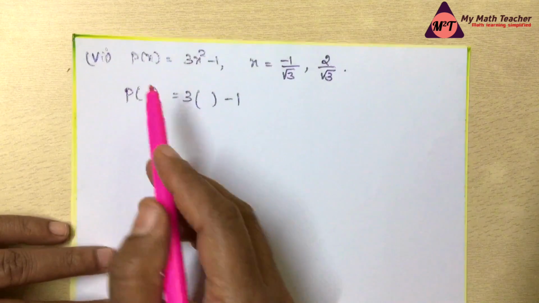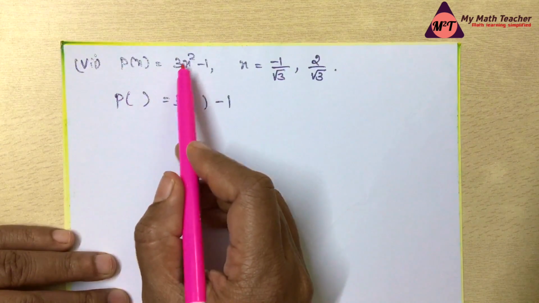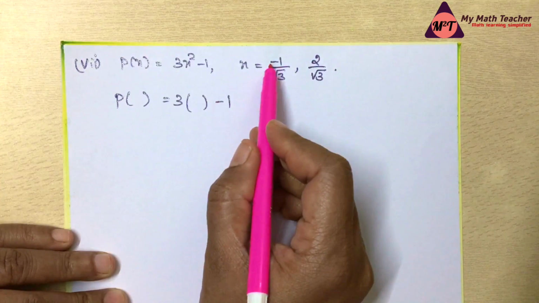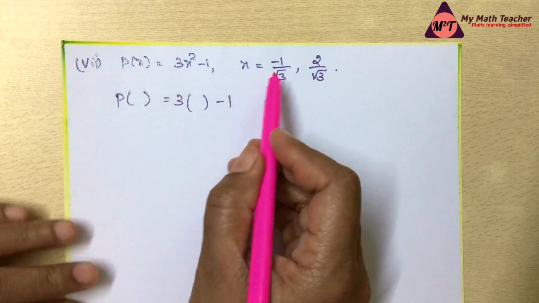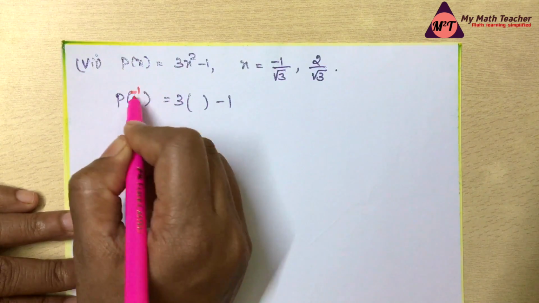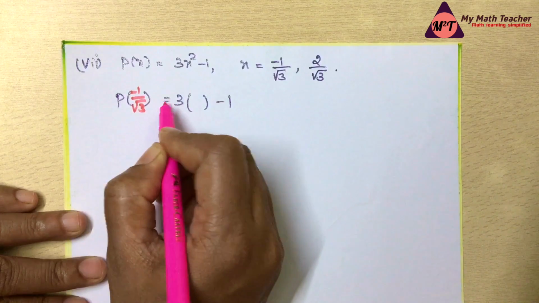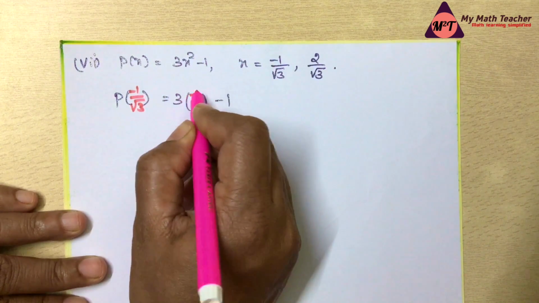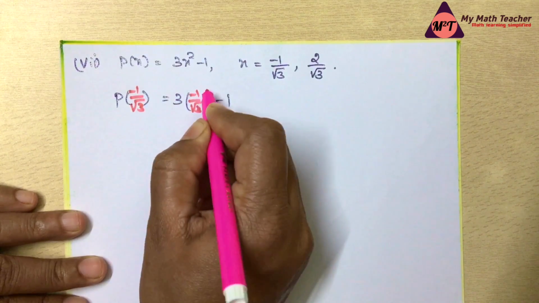Seventh subdivision, p of x is equal to 3x square minus 1. Here we have got two values. One is minus 1 by root 3. So let us substitute the first one here. In the place of x, minus 1 by root 3, which is equal to 3 into x square. Now x is minus 1 by root 3, the square.